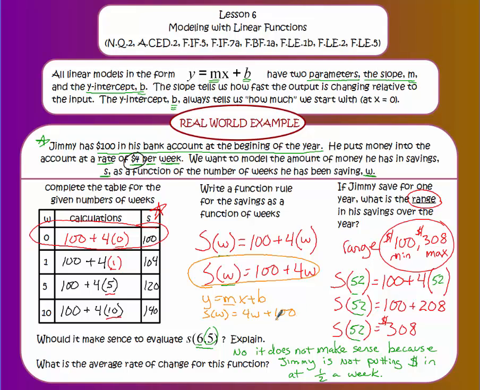Okay, now 100 is like my b, w is like my x, and the 4 would be like the m. So the average rate of change for this function, we want it as a fraction, right? So it would be 4 over 1. And that means, I'm sorry, it's $4 per 1 week, right? That's the average rate of change. It's how this is changing, $4 every week. All right, let's go on to the next one.